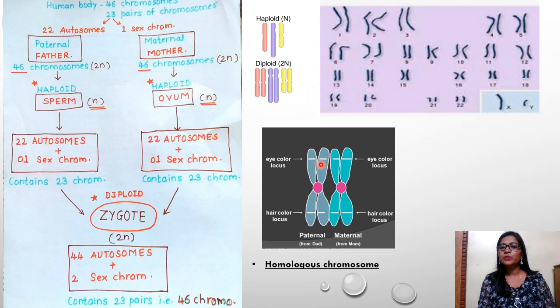If this gene carries the information of eye color, then the corresponding gene will also carry the information of eye color. Likewise for hair color. If these characteristics are the same, then such chromosomes are known as homologous chromosomes. So moving to the next slide.